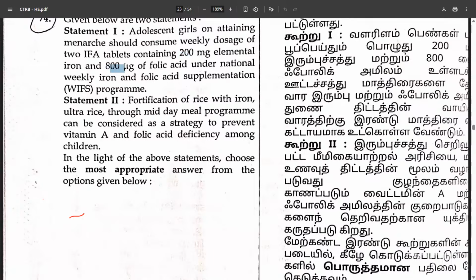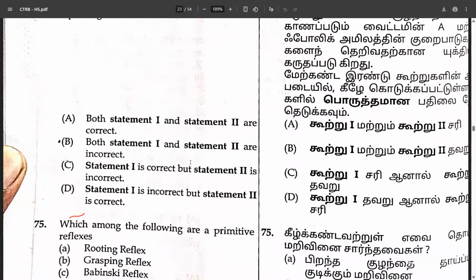Then the statement would have been correct. Statement 2 is also incorrect because fortification of rice with iron through the midday meal program is strategically to prevent iron deficiency, not vitamin A. For vitamin A, we are not doing this. It is just for iron and folic acid deficiency that we are fortifying rice. So both the statements are wrong.